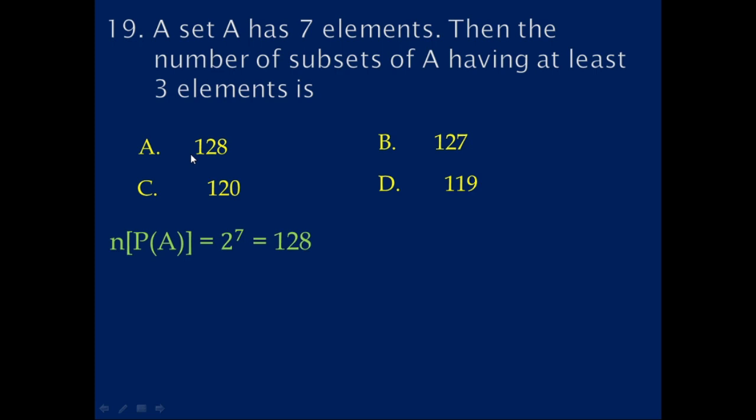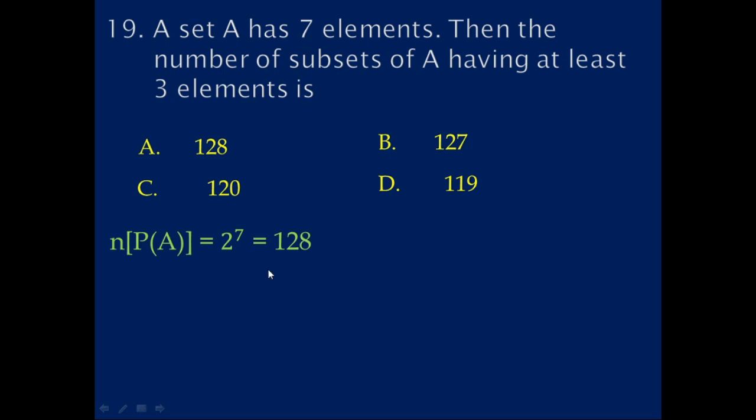Clear? The next. Here you know that the total number of subsets includes the set containing 0 elements, the null set, sets containing 1 element, sets containing 2 elements and sets containing 3, 4 up to 7 elements. The condition is A having at least, minimum, 3 elements.